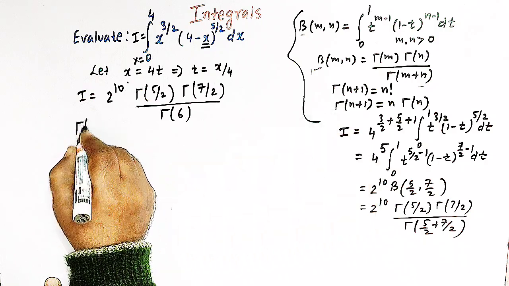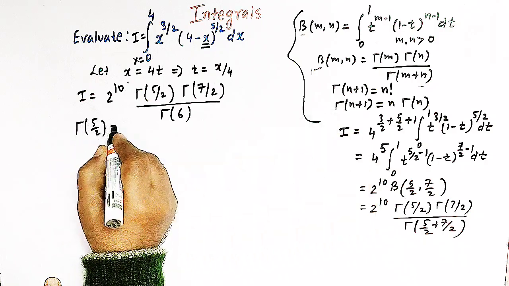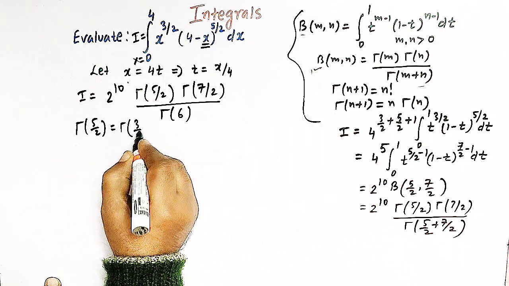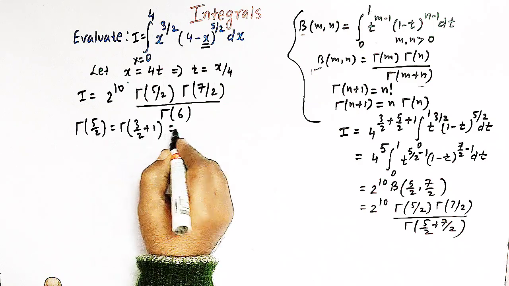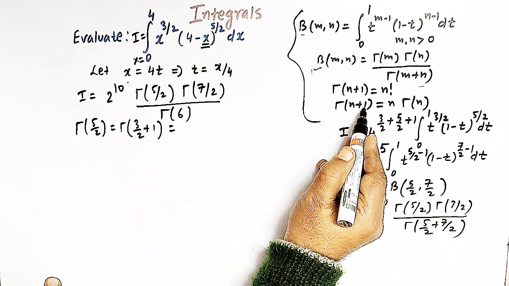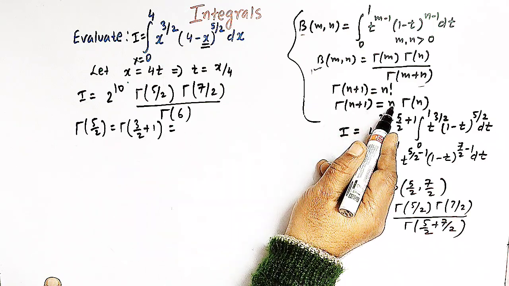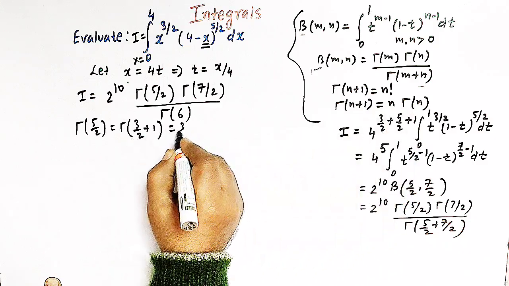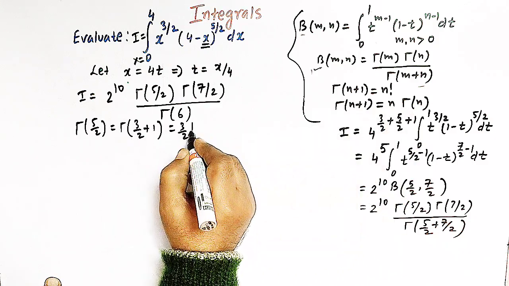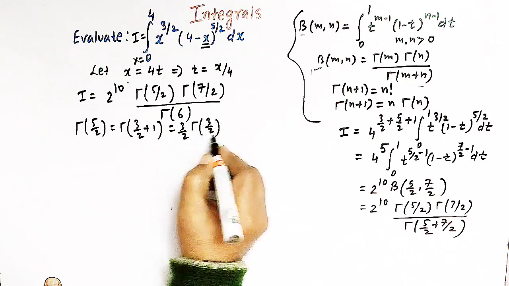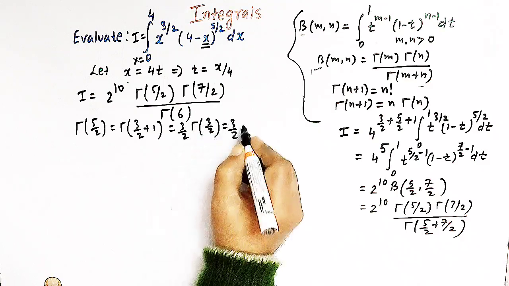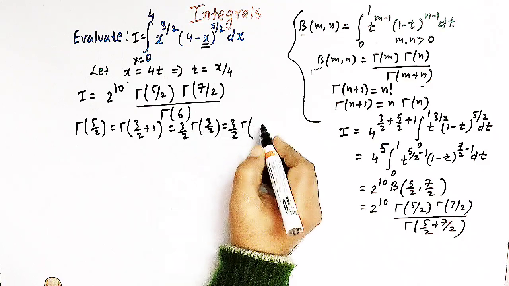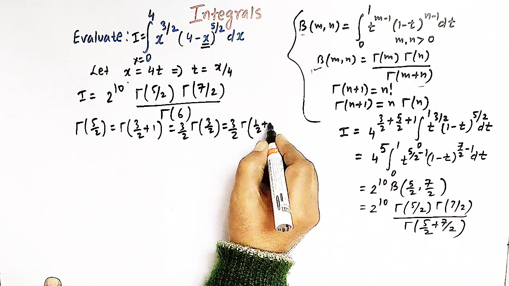So gamma 5 by 2 can be written as gamma 3 by 2 plus 1. So here we have gamma n plus 1, which can be written as n times gamma n. So n is 3 by 2. So we can write 3 by 2 gamma 3 by 2. Then we can further split 3 by 2 as a half plus 1.